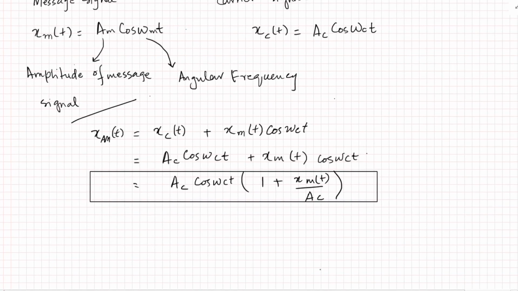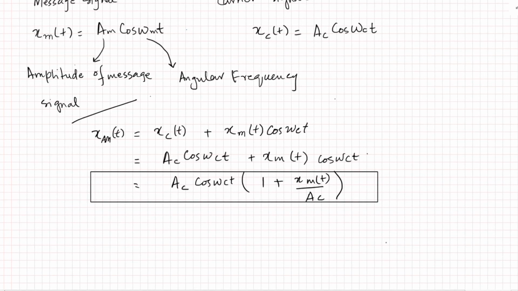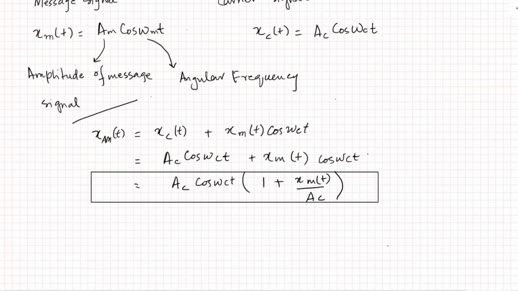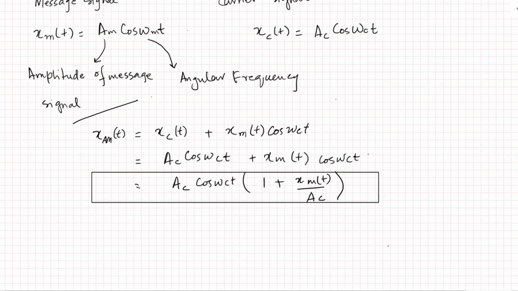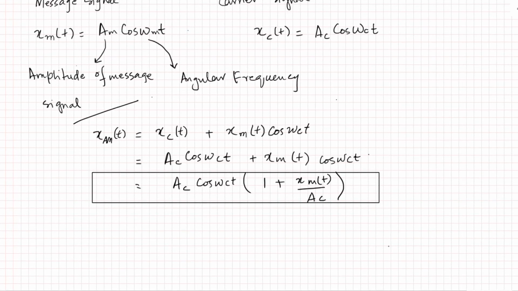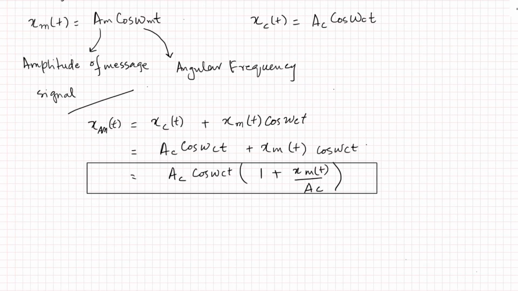So this is the equation or the resulting signal of amplitude modulation. We name these equations equation 1 and equation 2.